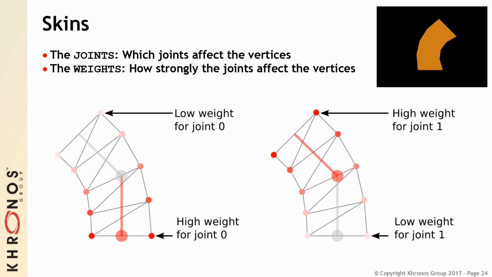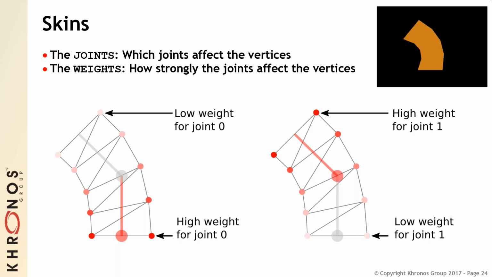So on the left-hand side, you can see that the weights, how strongly each joint should affect the vertex, are low for joint 0 for the upper vertex and high for joint 0 for the lower vertex. And on the right-hand side, you can see that the influence that joint 1 has for the upper vertex is high, and the influence that joint 1 has for the lower vertex is low.